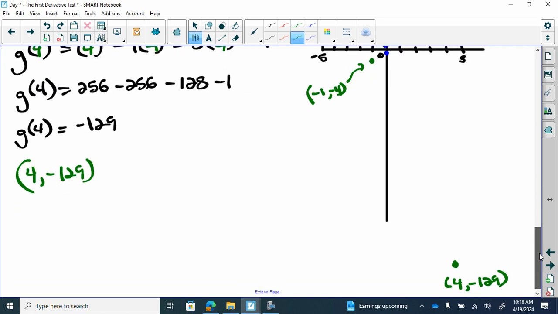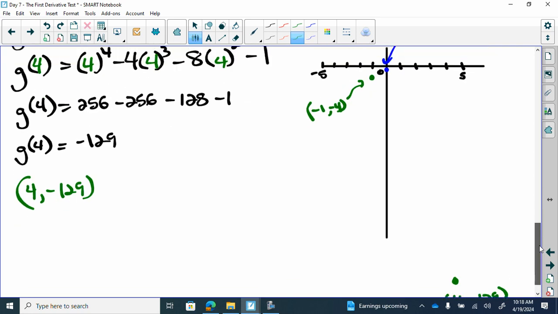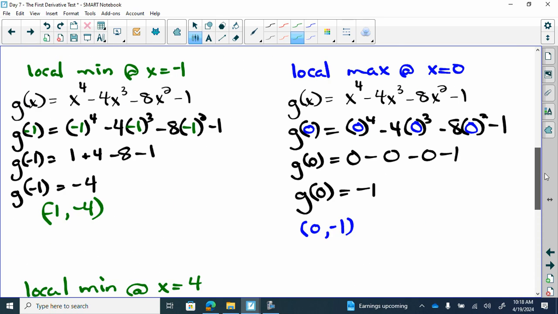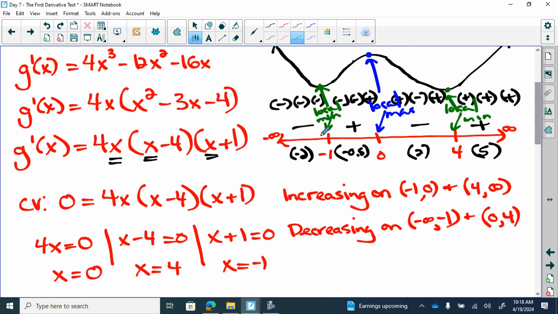Okay? How do I join those points? How do I use this information right here to do that? Well, we kind of already did it up here. It's going to come down. It's decreasing until I hit negative 1, comma, negative 4.